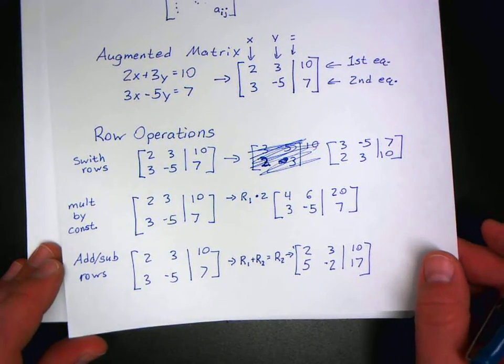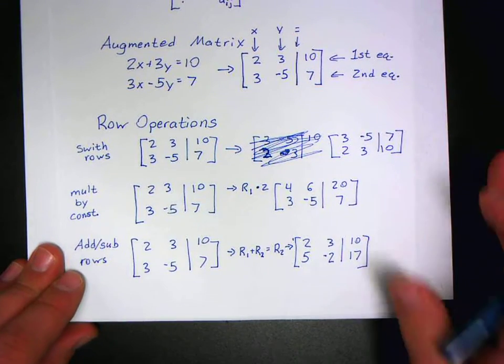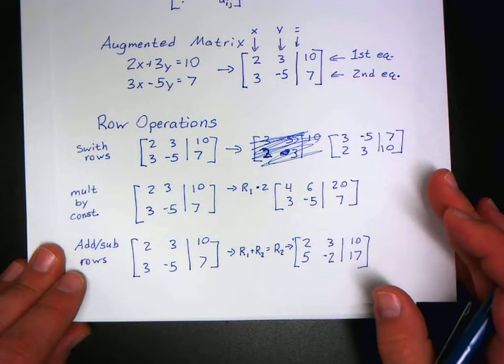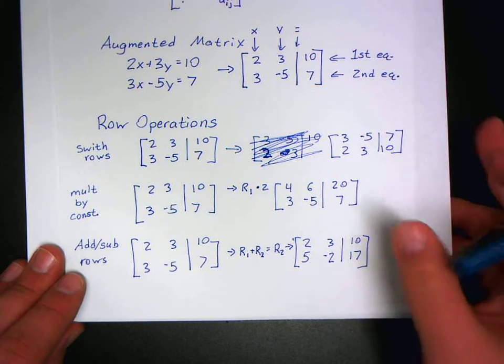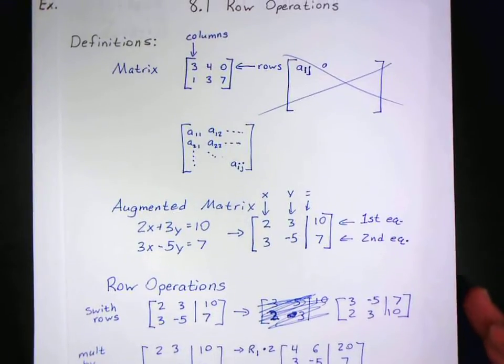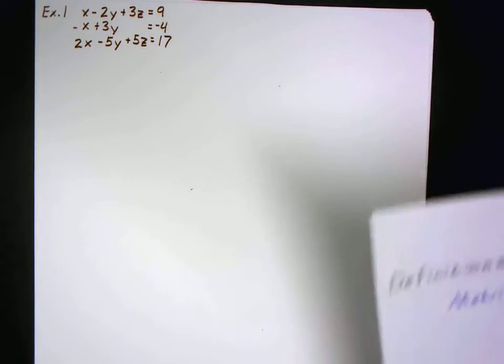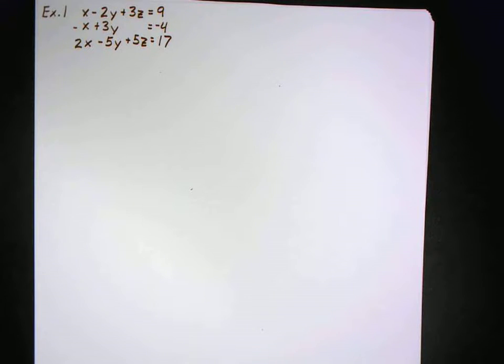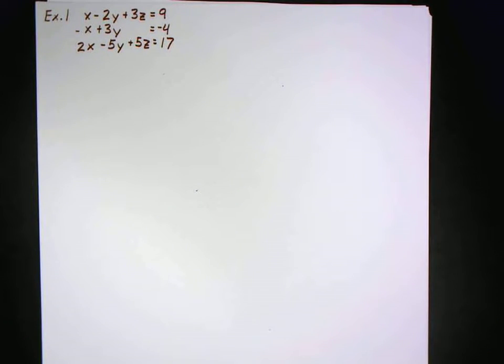That way, if you eventually get into something where you have to program a computer to do it, you know the row operations and the method so that you can tell a computer how to do it. Or whenever you take linear algebra, you know what row operations are so that this isn't brand new when you hit college.